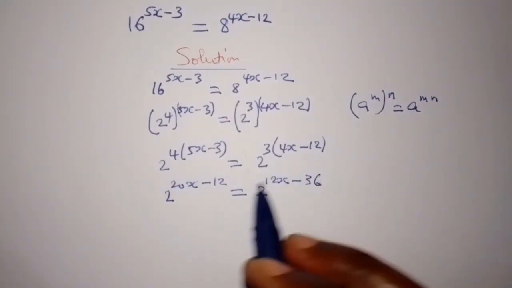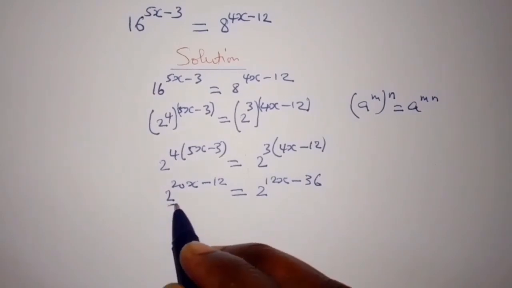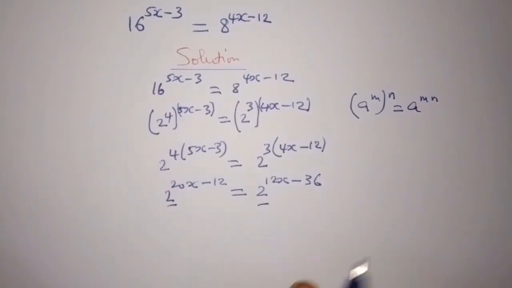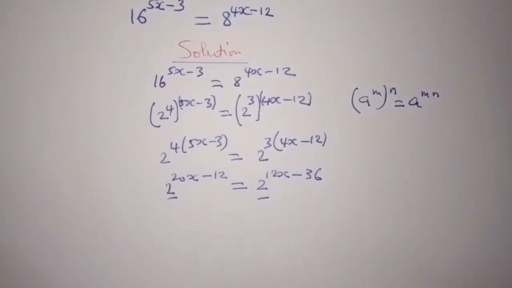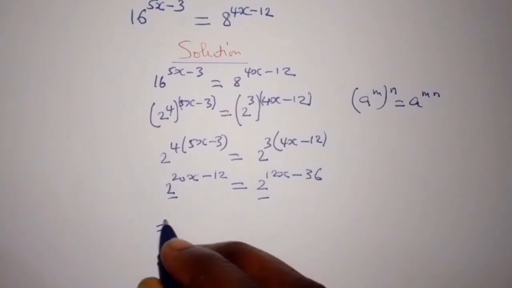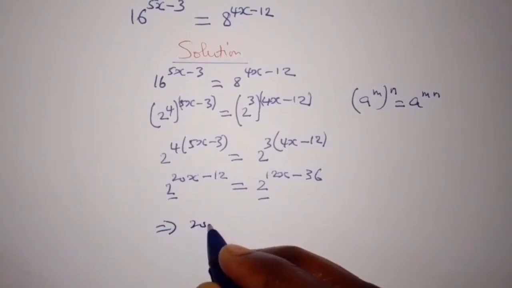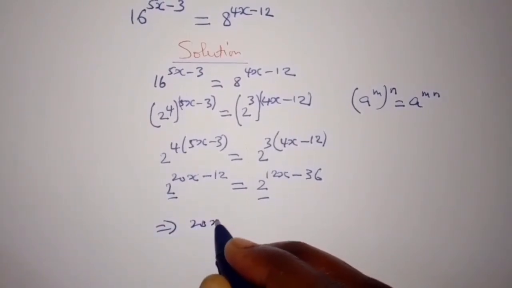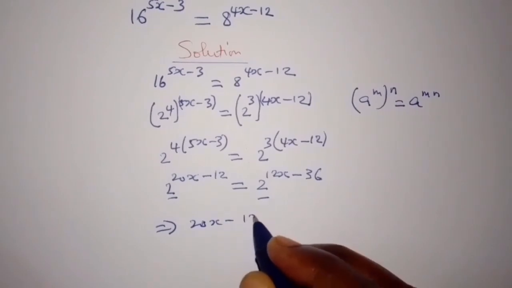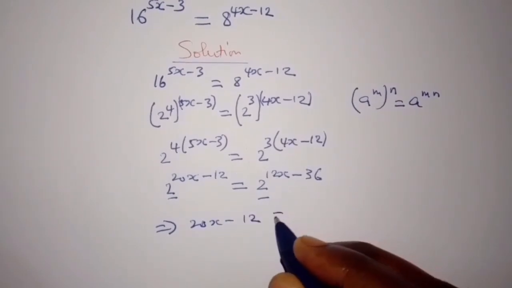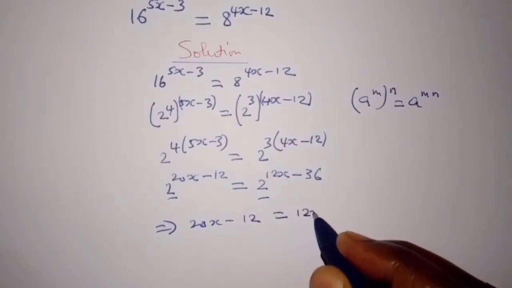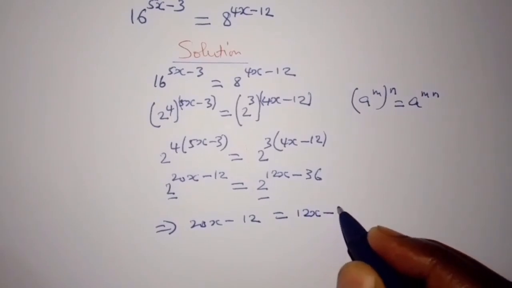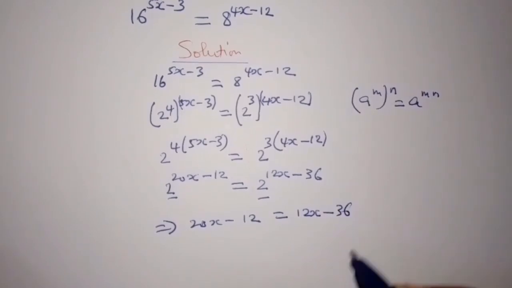Then from here we can see that we have common base 2. So this implies that 20x minus 12 is equal to 12x minus 36.